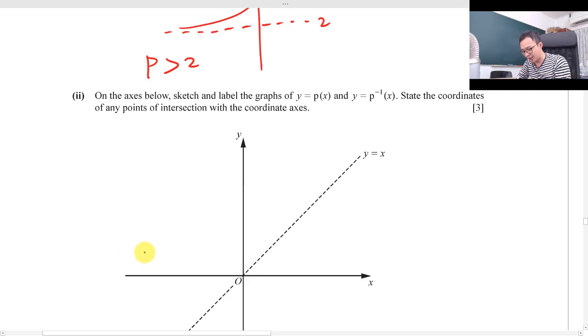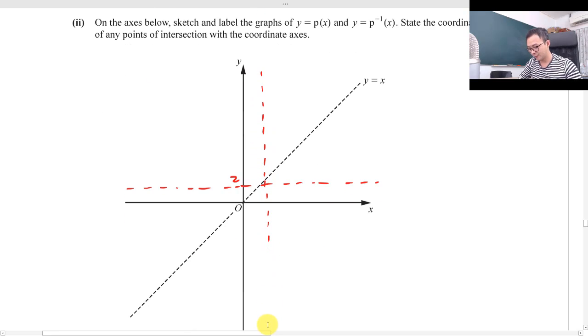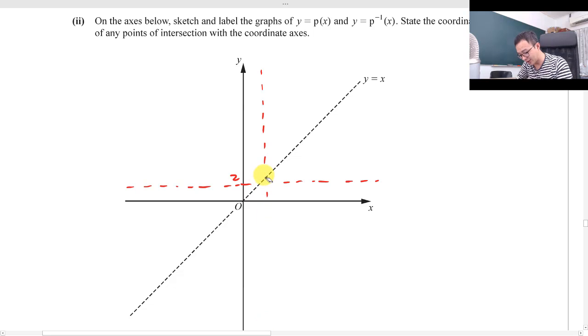Basically I need to make sure I have the 2 here, and then this is the inverse, so I should have another 2 here. Yeah, the 2 should touch at the same position here, because y equals x, that means 2 is on the line y equals x.